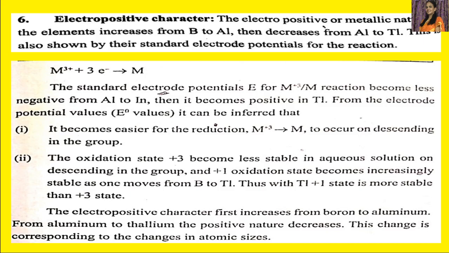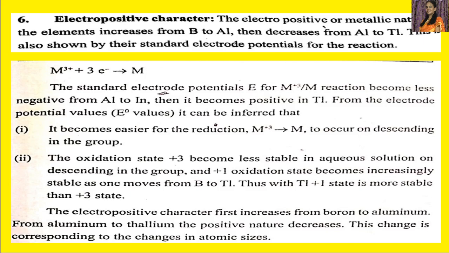This is also shown by their standard electrode potentials for the reaction, so that we can observe with the help of standard electrode potentials. Here, the tripositive ion M3+ plus 3 electrons gives rise to M. The standard electrode potential E° for the M3+/M reaction becomes less negative from aluminium to indium, and then becomes positive in the case of thallium.